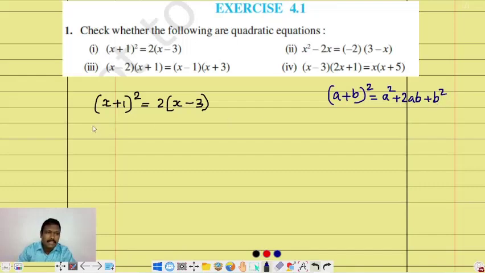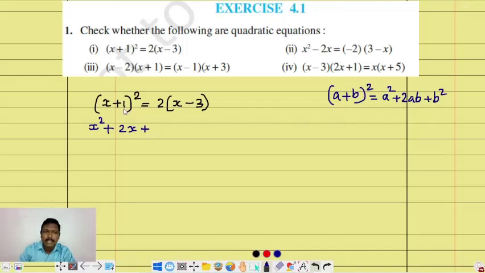Then you will get a square, that is x square, plus 2ab, which means 2 into x into 1, that is 2x, plus b squared.